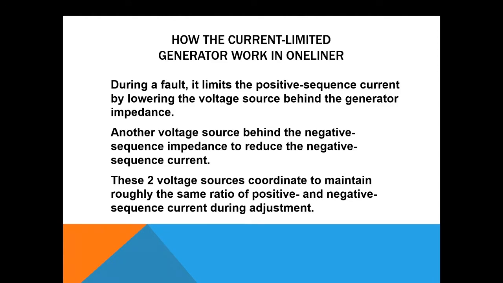Well, there aren't any in the conventional generator, but we added it to this particular model so that we could do this. These positive and negative sequence voltage sources coordinate with each other to maintain roughly the same ratio of positive and negative sequence current during this adjustment. The adjustment, of course, is to lower the current so that they don't violate the maximum current limit. This is how we have been doing it for quite a few years.